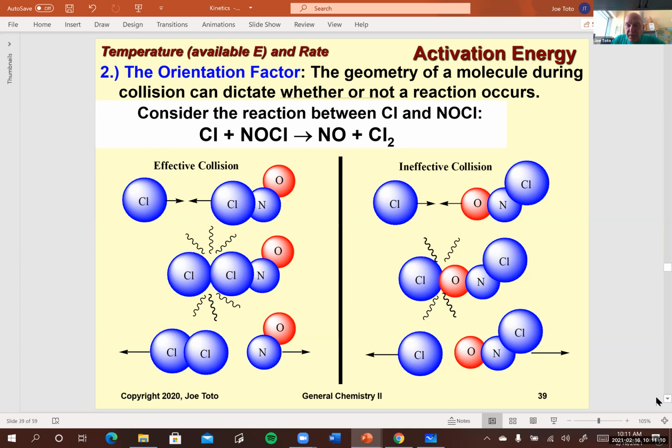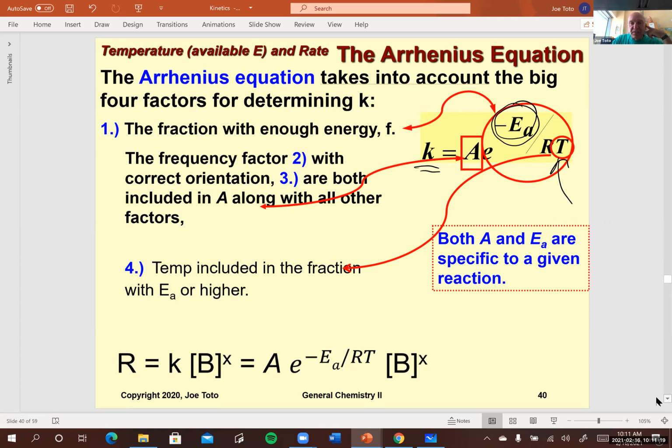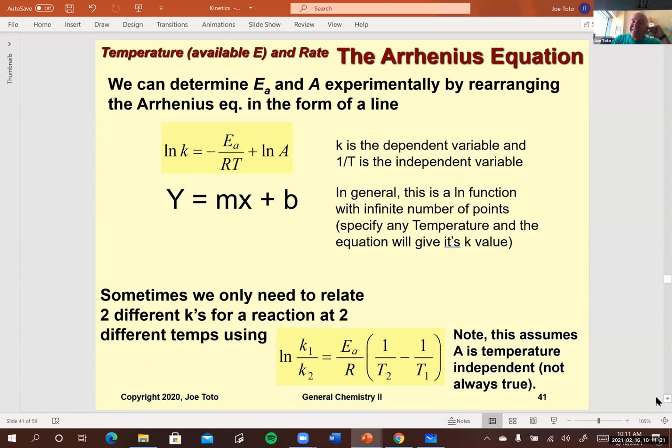So those are some of the factors that go into that pre-exponential factor A. We talked about them, and we're going to assume that they're fixed until further notice. If you study this again in graduate school and you want to zone in on other factors that are important in reaction rates, then you may look at them, mathematically model them, and incorporate that into the A, just like we have done so far.